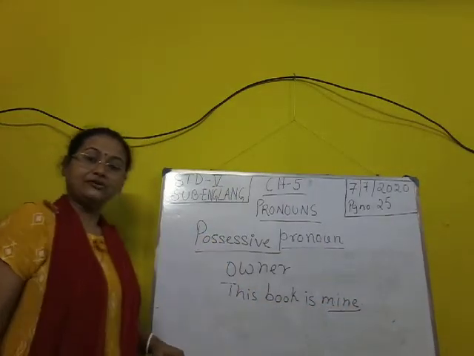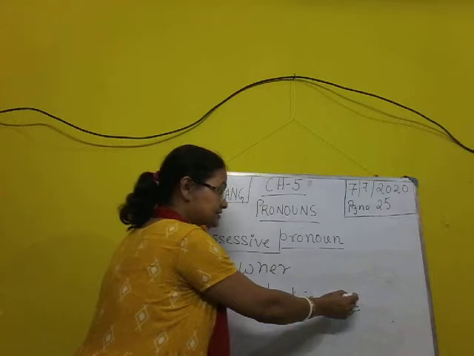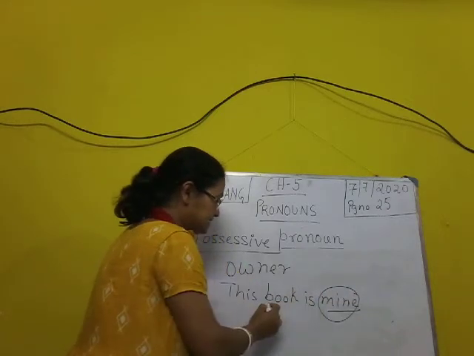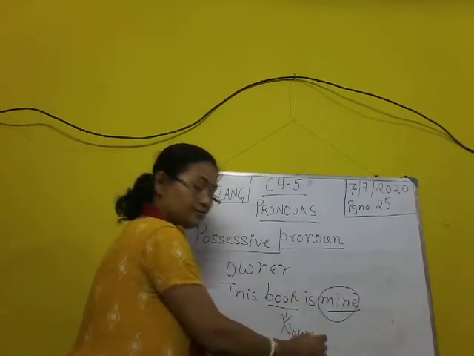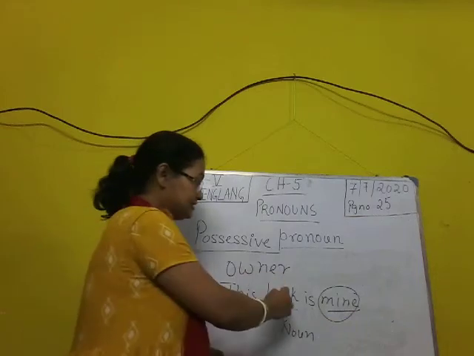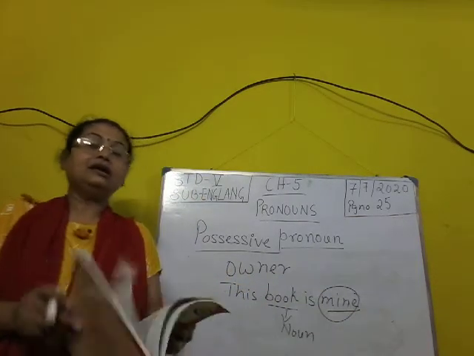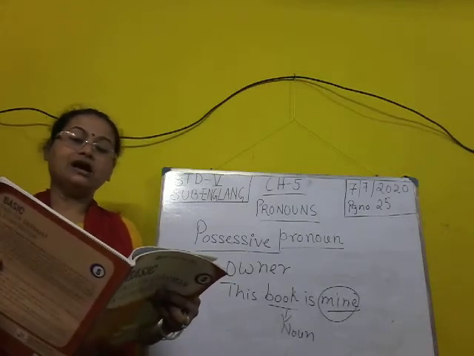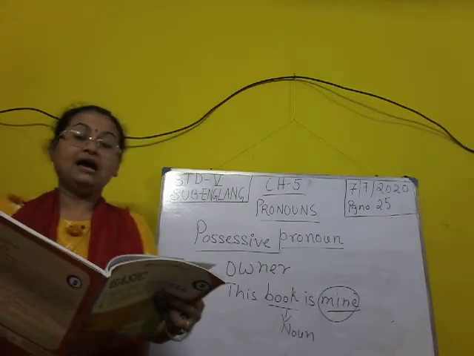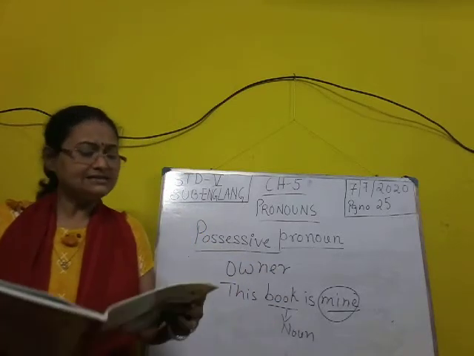So what you have to remember always is that a possessive pronoun always comes after the noun. Book is the noun here. Book is noun. So a possessive pronoun always comes after what? Nouns. Okay, it will not come before nouns. It will always come after nouns. Okay, clear.